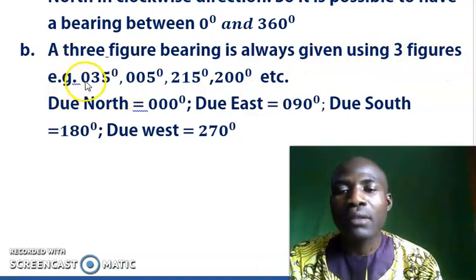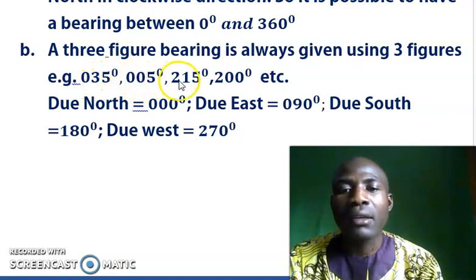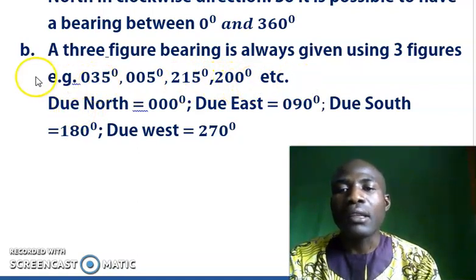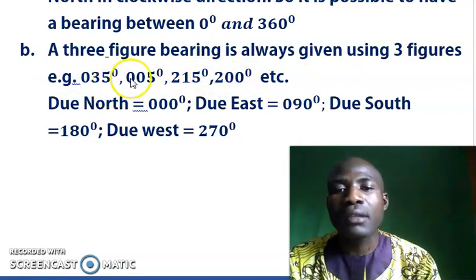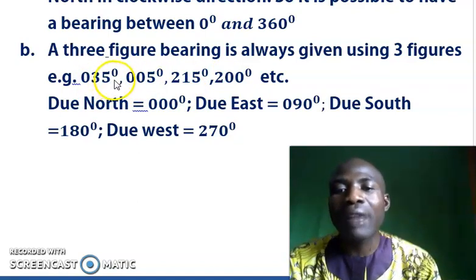E.g., we have 035 degree, and we have 005 degree, we have 215 degree, we have 200 degree, etc. So this is how the three-figure bearing is usually given. So it is not 35 degree, it is 035 degree.